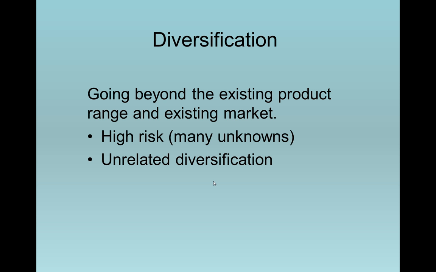So unrelated diversification has the highest risk, whereas related diversification, a level of diversification where there is some link between the businesses in the portfolio or some link in the move that an individual firm makes between products and markets, tends to be of a lower risk.